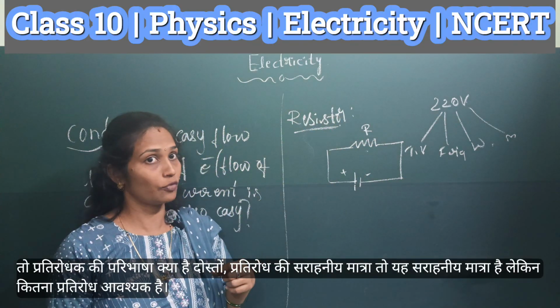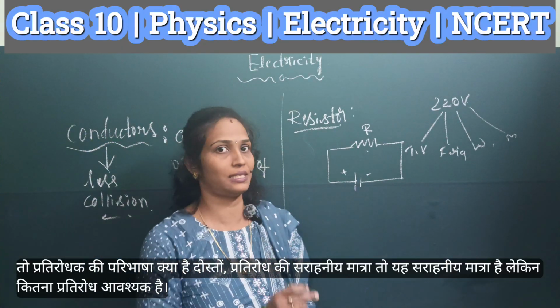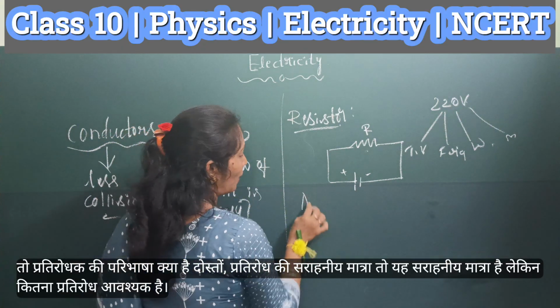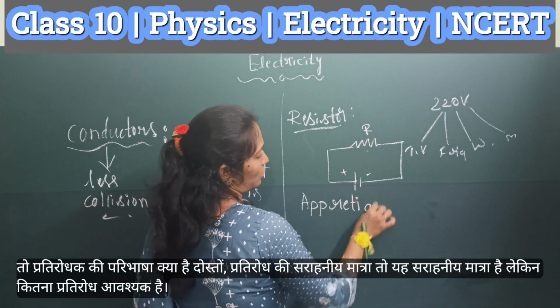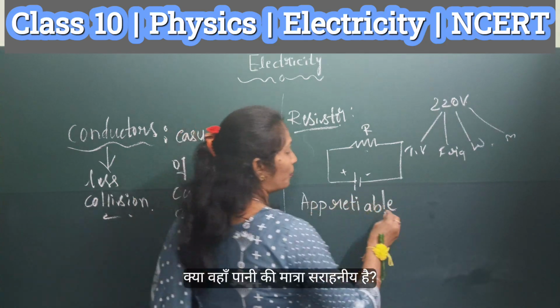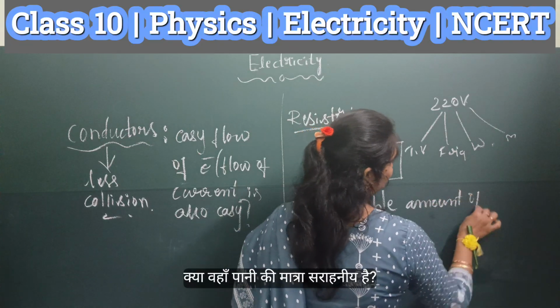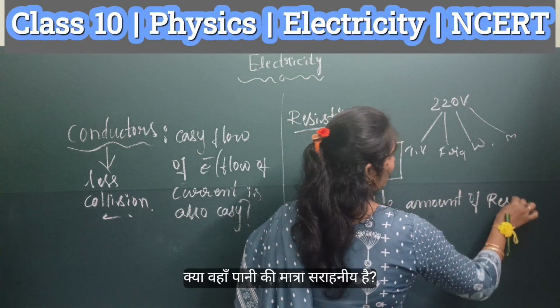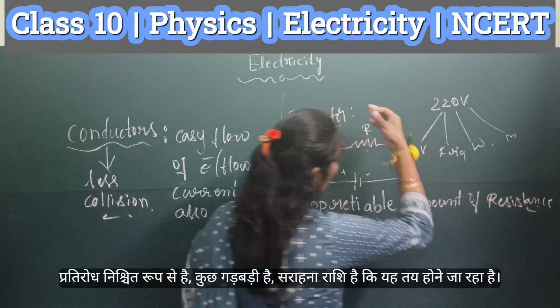So what is the definition of a resistor, guys? An appreciable amount of resistance. How much is required, that much resistance is there. Appreciable amount of what, guys? Resistance is there. Definitely some disturbance is there.